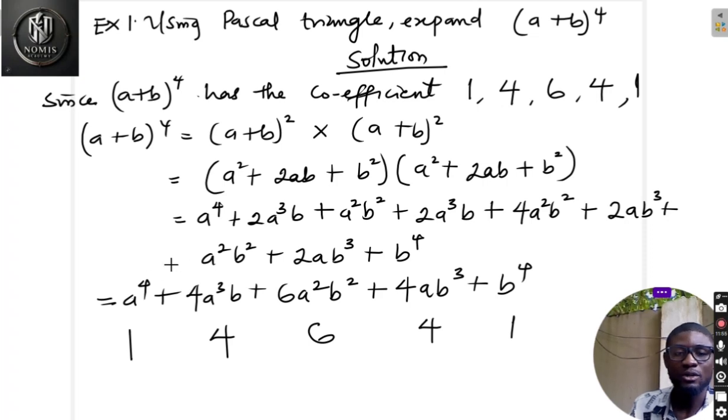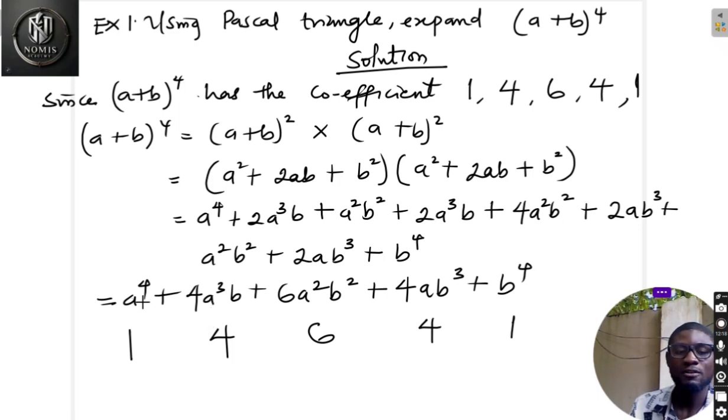When a has a power of 3, b has a power of 1. So as the power of a decreases, the power of b increases.